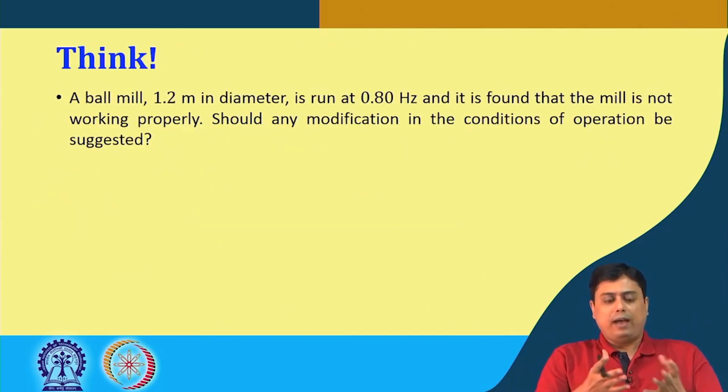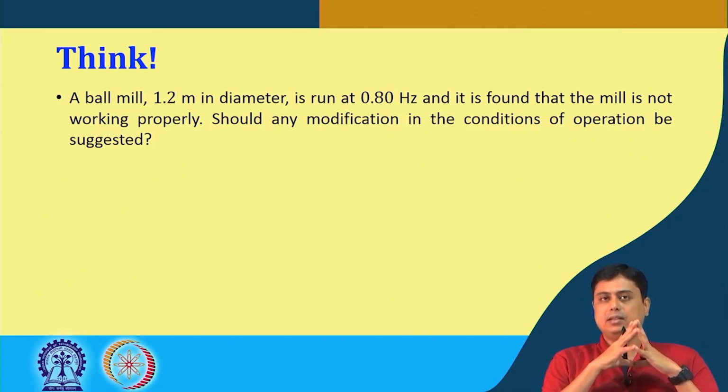So if you have to think about these operations that I have just discussed, say a ball mill of 1.2 meter in diameter runs at a frequency of 0.8 Hz, and it is found that the mill is not working properly. So is there any modification needed? Can you suggest something?